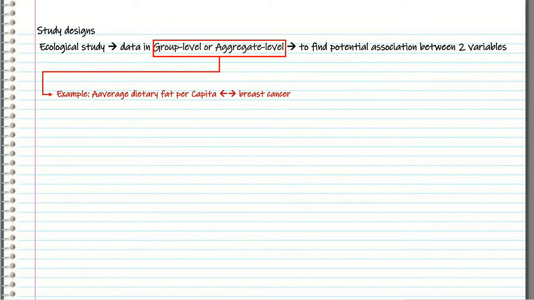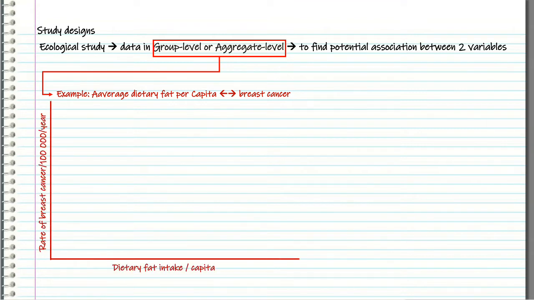We don't know about the causality, by the way. So if we make a curve of the rate of breast cancer per 100,000 persons per year, it's the incidence.